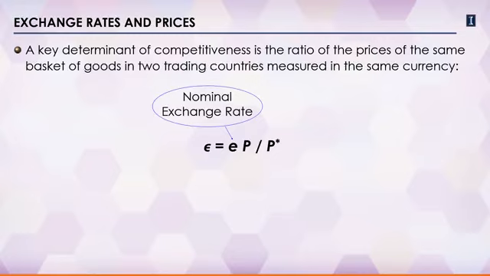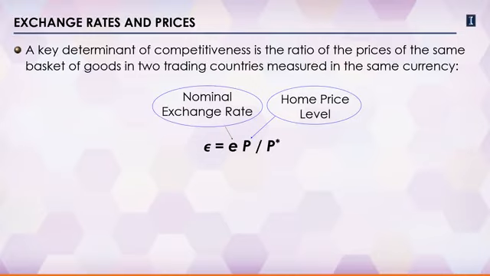So it's equal to the nominal exchange rate, the exchange rate quoted in the market, multiplied by the price level in the home country. For example, if the US is our home country, then E is the exchange rate of the euro versus the dollar times the price of whatever good or basket of goods that we're looking at in dollars.